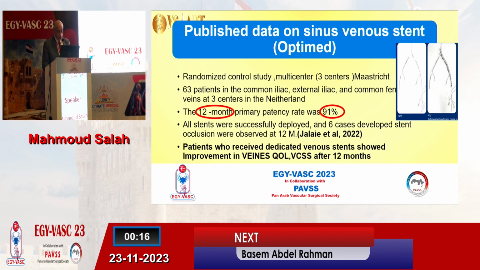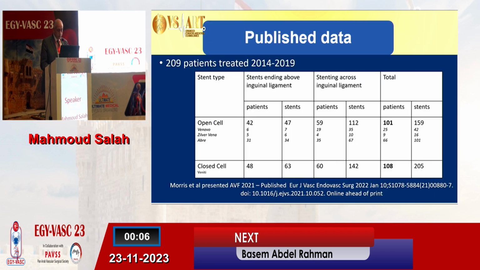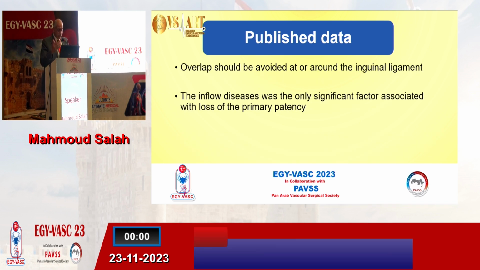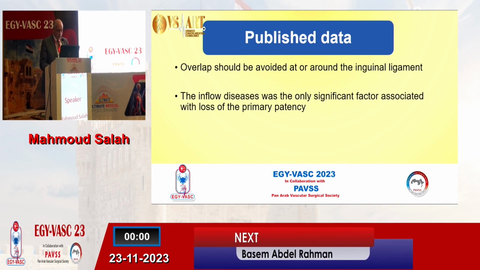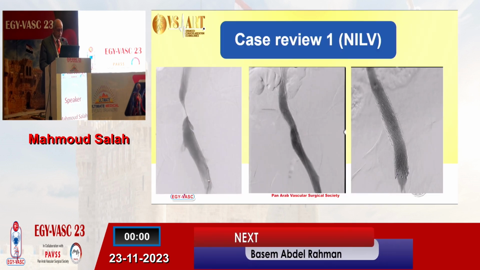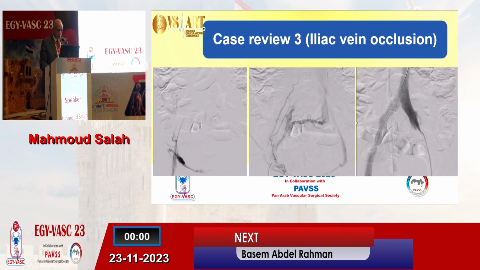For the Sinus from Optimed, they had only 12 months, and the patency rate was 91%. These are the published data. There is no difference in overall patency above the ligament. I can skip all this. These are some cases.